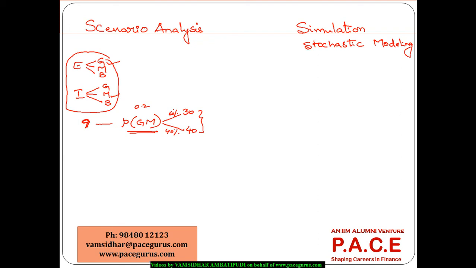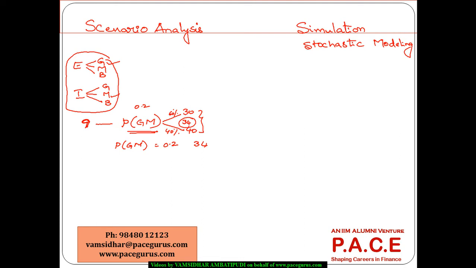So the expected value is somewhere around 34. The probability of good and medium is 0.2, and in case that occurs, the future cash flow is going to be 34. The same way, we work out the probabilities as well as the typical values or NPVs possible in each of the scenarios, and then solve to find the expected value.